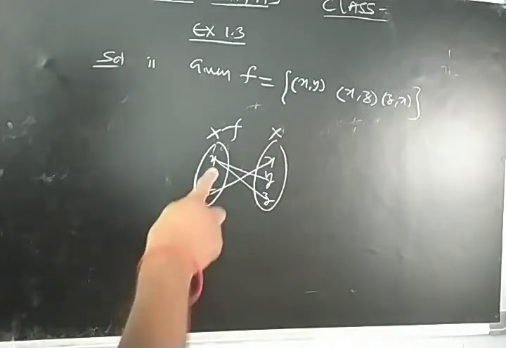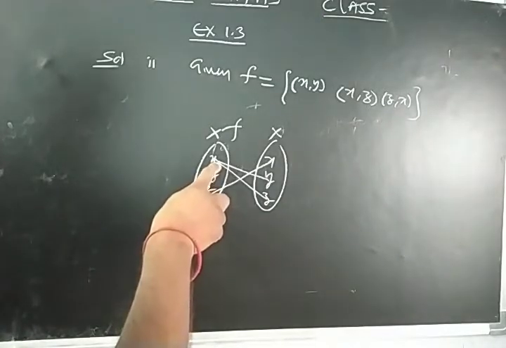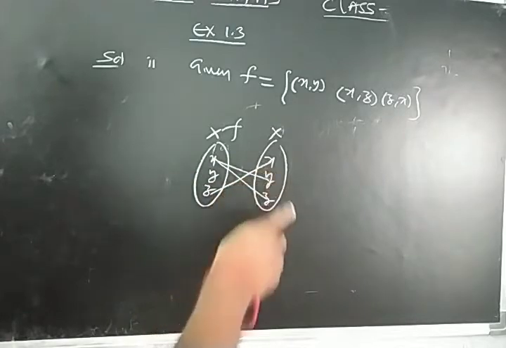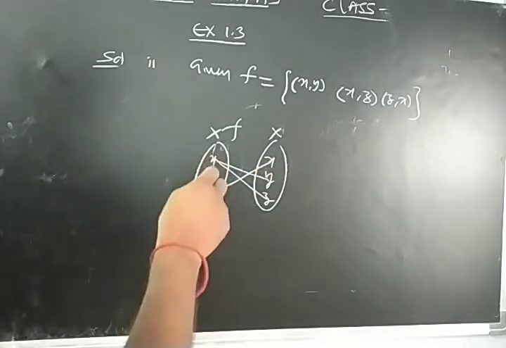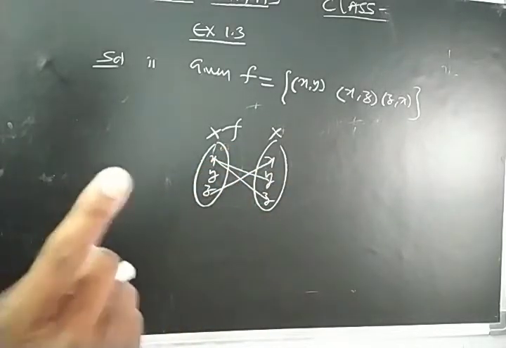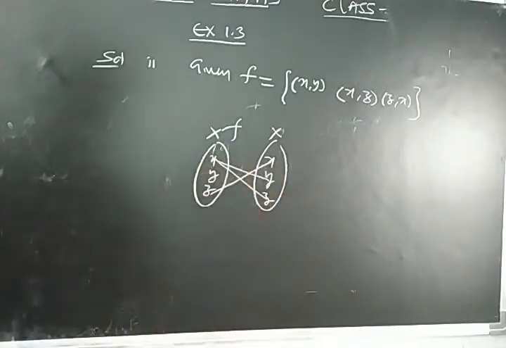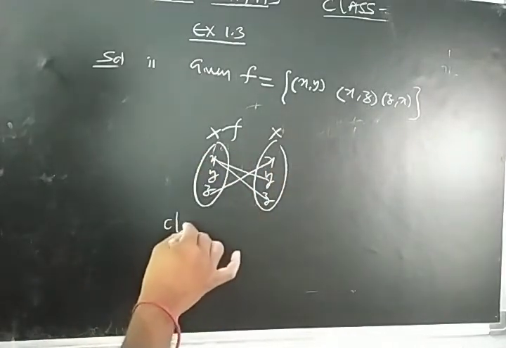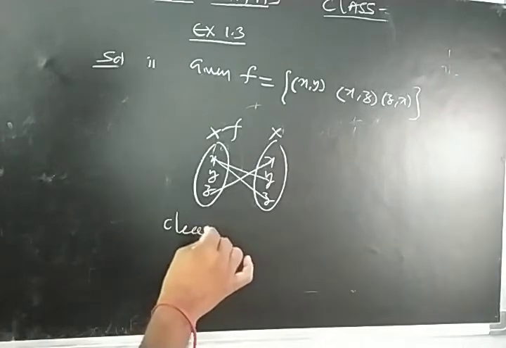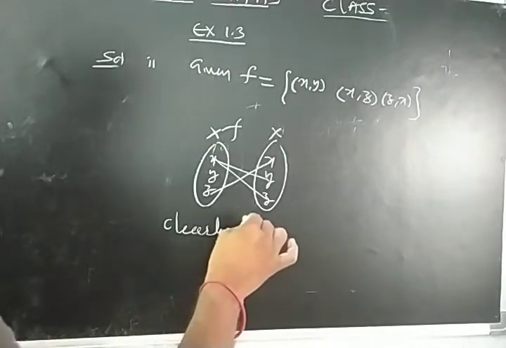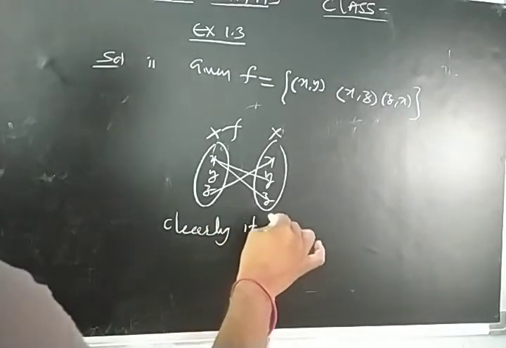No. Why is it not a function? Because x having two images. What is the definition of function? Every domain element should have a unique image. But here x having two images. So clearly it is not a function.